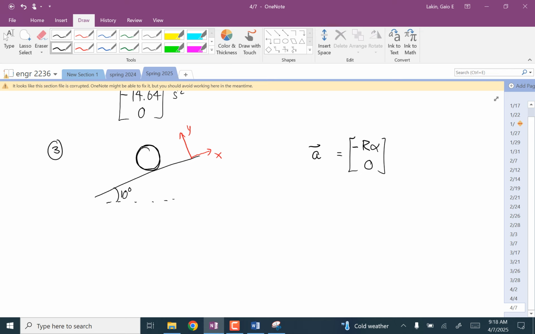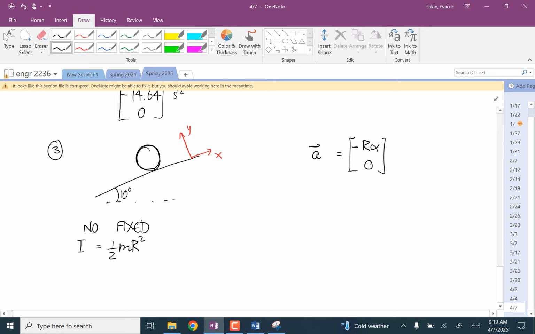Okay, is there a fixed point for this? No. And so the about point is the center of mass. And so that's 1/2 times the mass, which I just gave as m, and I just gave the radius as r. So there's what we know about the moment of inertia.